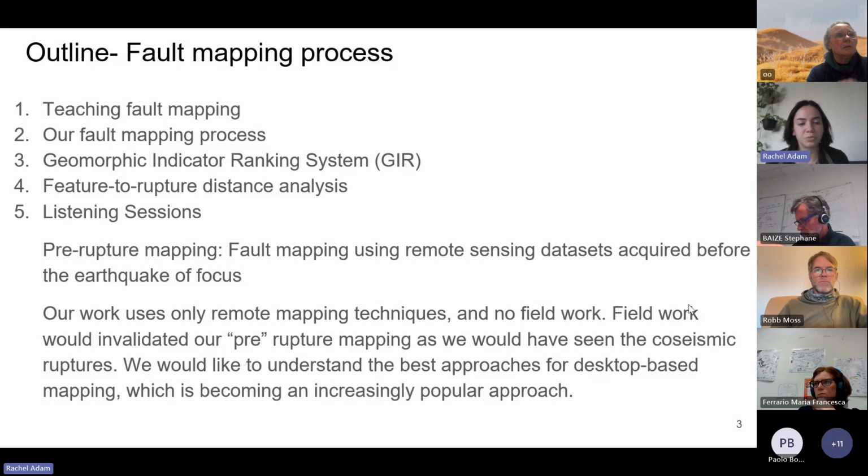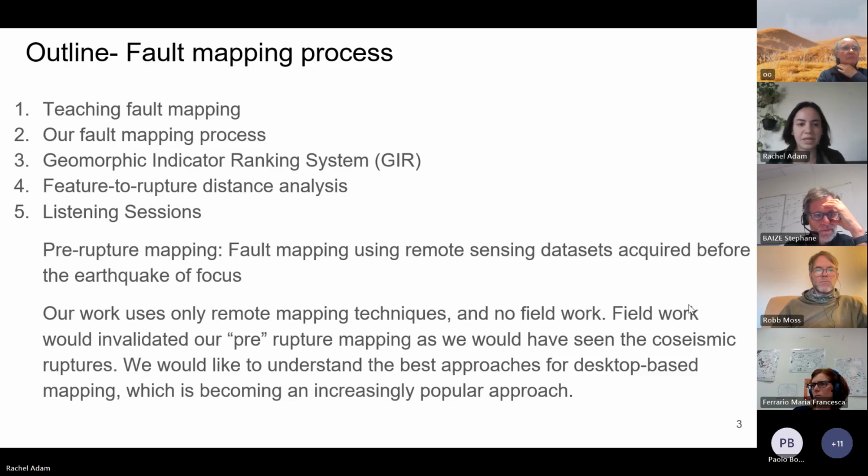And then I'll go into one of the analyses that we did after the fact when we got all the data from the mappers, to measure the distance between mapped geomorphology and subsequent coseismic rupture traces.